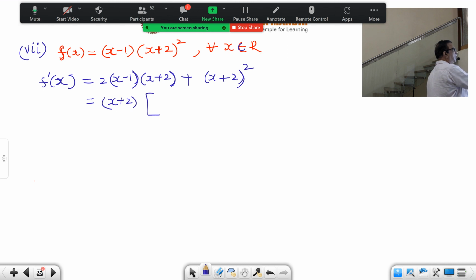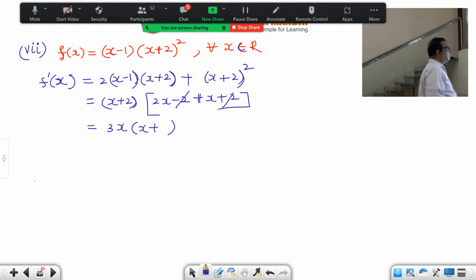In the bracket I have to write 2 into x minus 1, that is 2x minus 2, plus x plus 2. That is 3x into x plus 2. Very good. 3x into x plus 2.